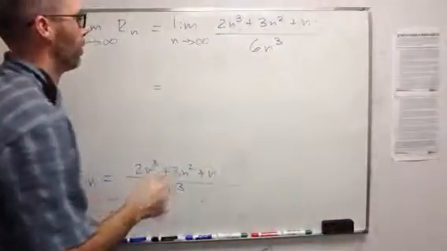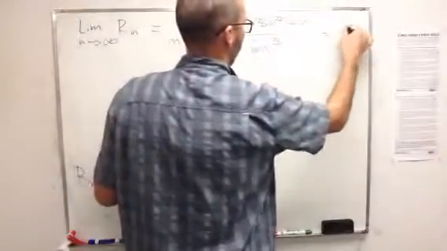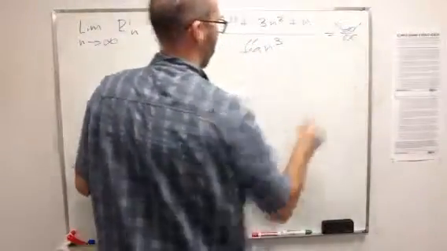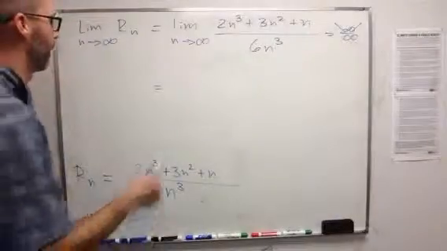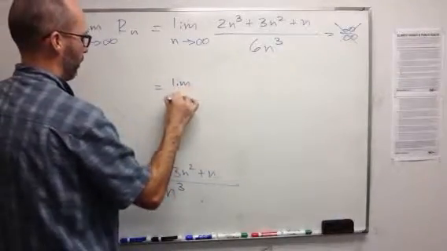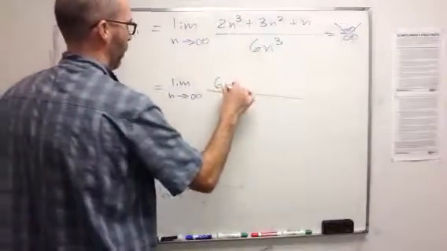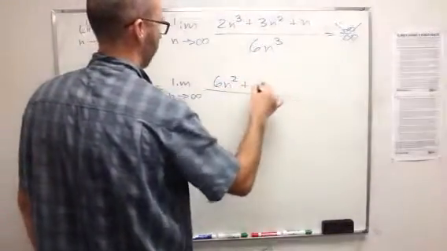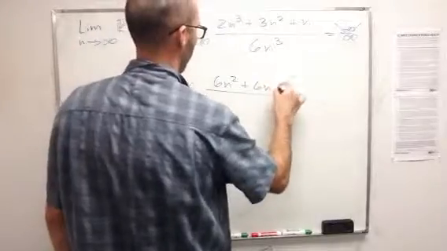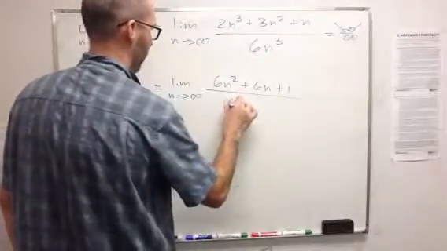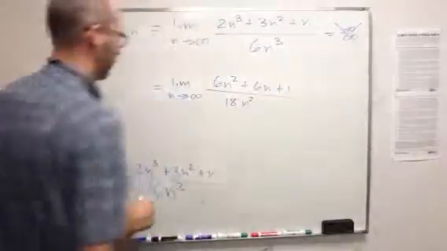So we don't know what infinity over infinity means, so we can take the derivative, top and bottom. That's L'Hopital's rule. We've got 6n squared plus 6n plus 1 over 18n squared.